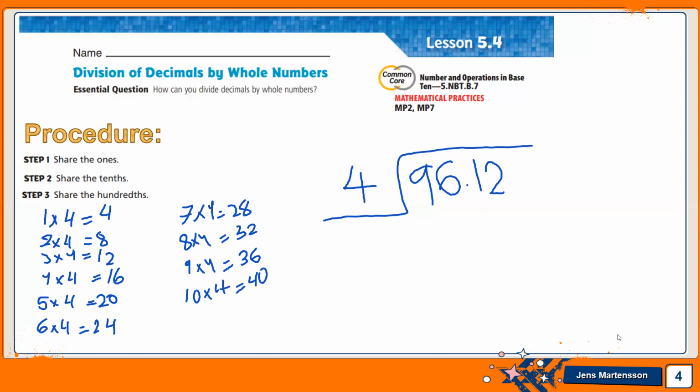The first step, divide the tens. Number 9. 9 divided by 4. How can I know? Let's go back to the multiplication table. Where is number 9? Between 4 and 8 or between 8 and 12? 8 and 12.